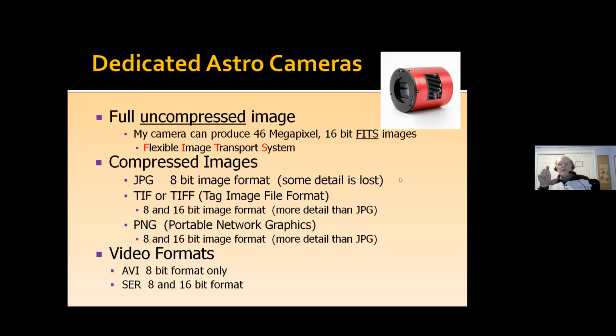One thing that makes a FITS file a little bit different is there is a header that is not in the RAW file when you use a Nikon or a Canon camera. And this header can actually store a lot of information.